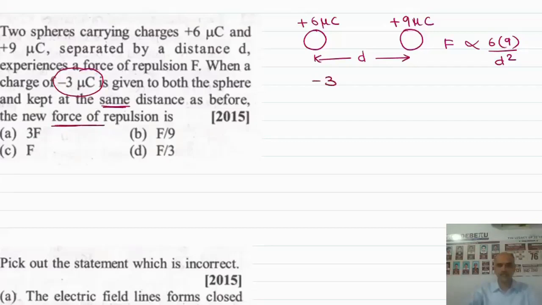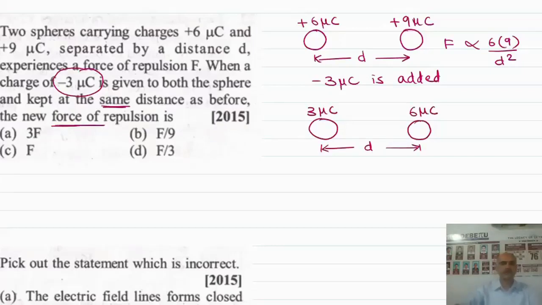So minus 3 microcoulomb is added to both, and the distance is the same. Adding minus 3 to the first leaves plus 3 microcoulomb. Adding minus 3 to the second leaves 6 microcoulomb. The distance d is the same. To find the new force, I take it as F dash. So F dash will be proportional to 3 into 6 divided by d square.